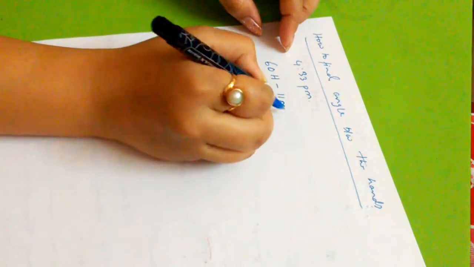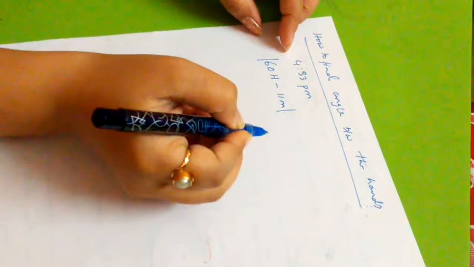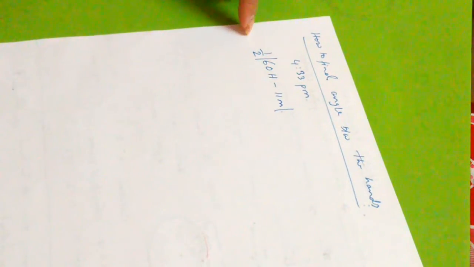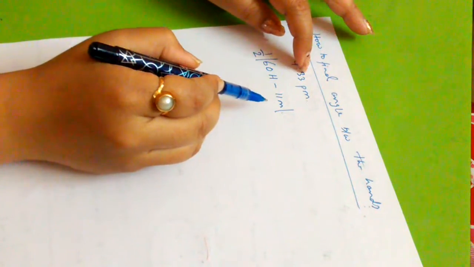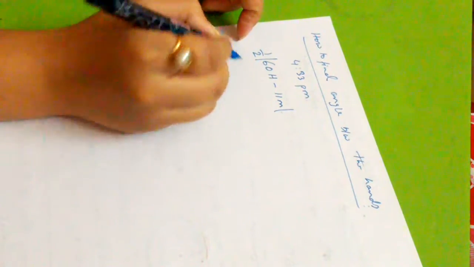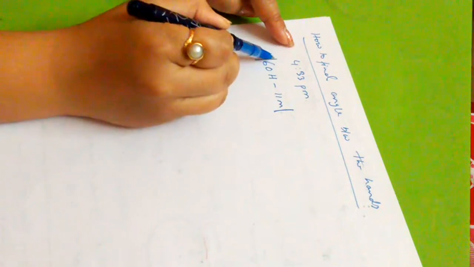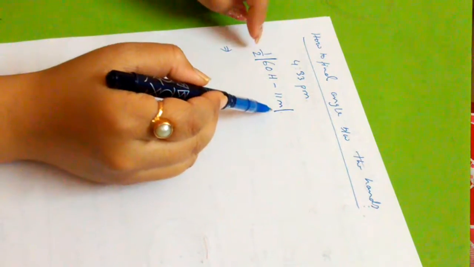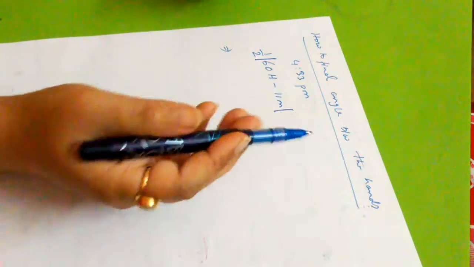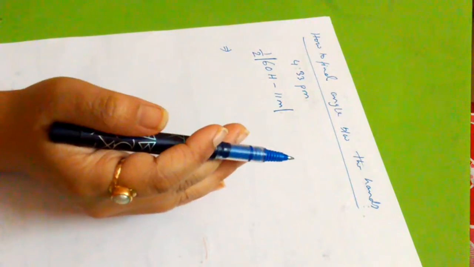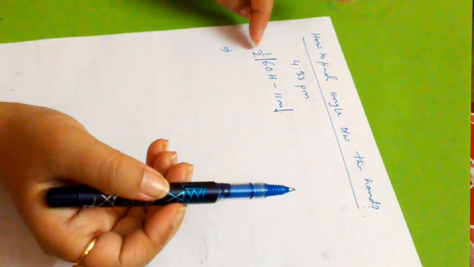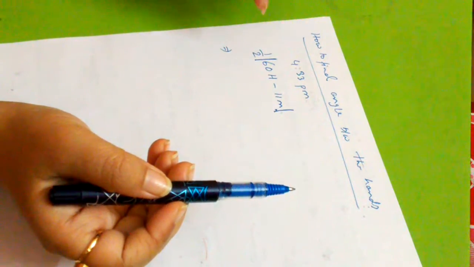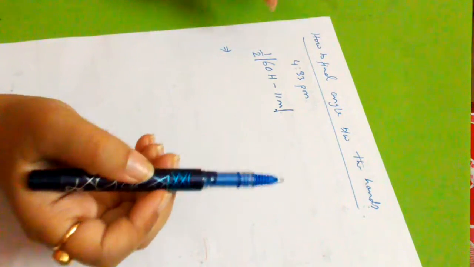The formula is the modulus of 60h minus 11m, multiplied by a half. Here h stands for the hours and m stands for the minutes. Why is this mod coming? Mod basically means that the angle cannot be negative. And you also need to understand why I am dividing it by 2.